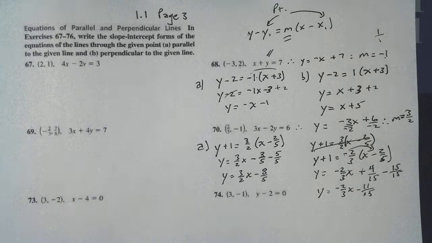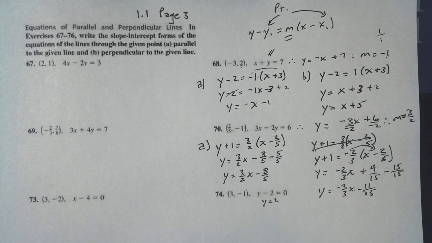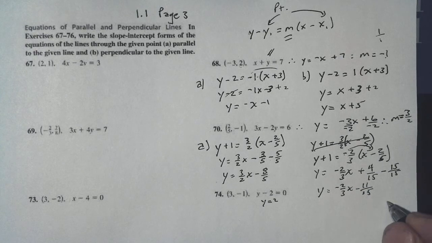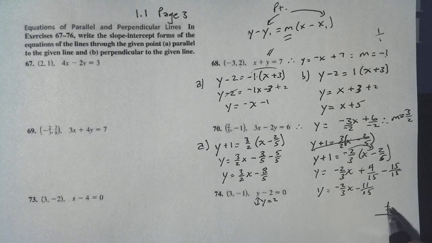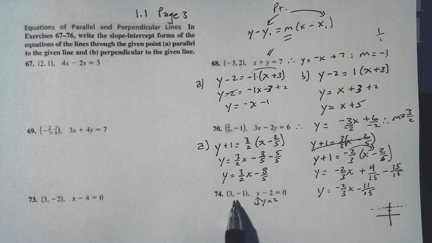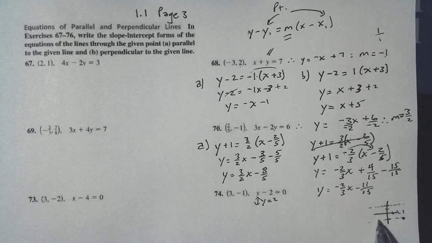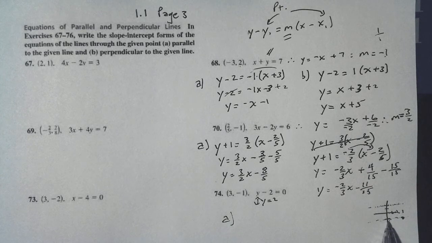And as I talked about on page 2, when you get these special equations, here's y equals 2, you should most definitely start with the graph of those things. So I'm just going to squeeze that in right over here. Y equals 2 means all of the points are up 2. Looks like this. So an equation that goes through 3, -1 and is parallel to that line must look like this, and on this line all of the points are down 1.